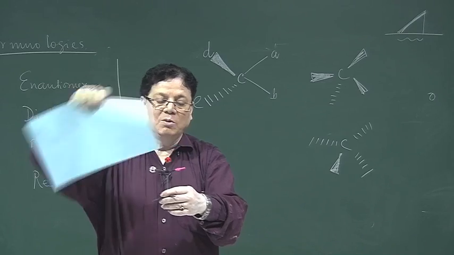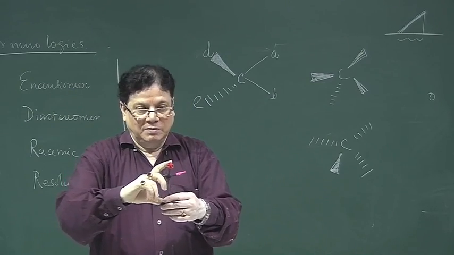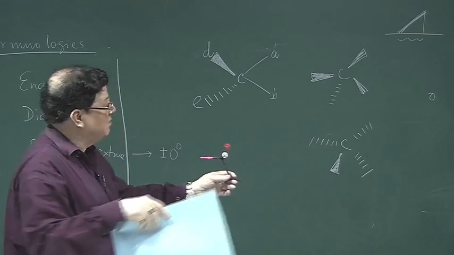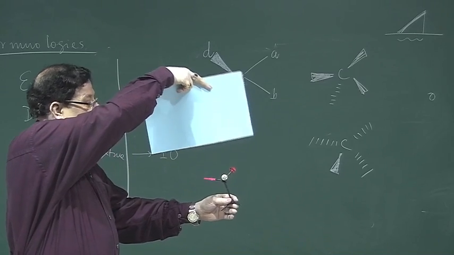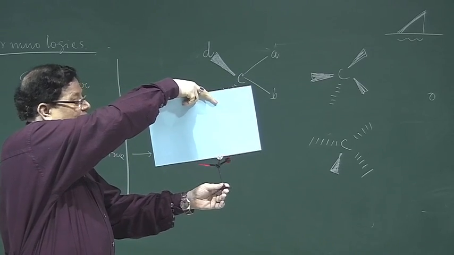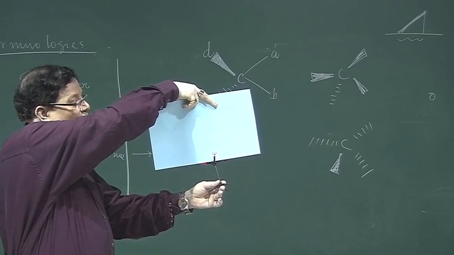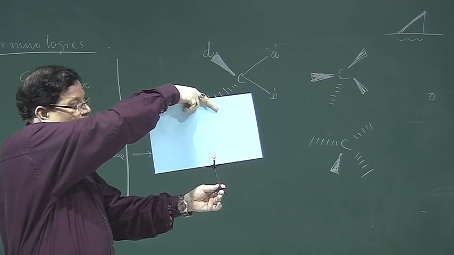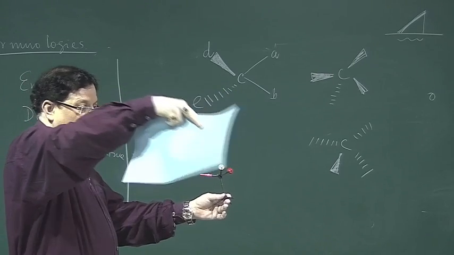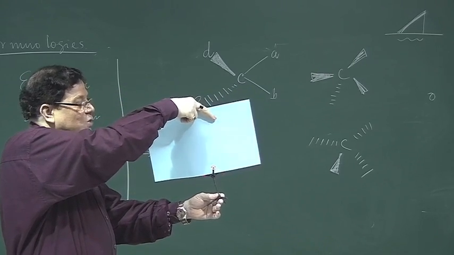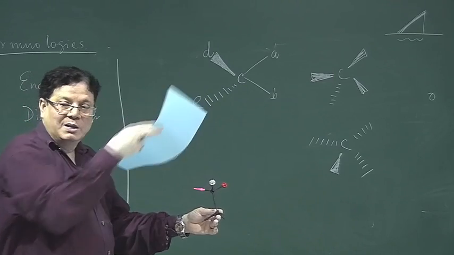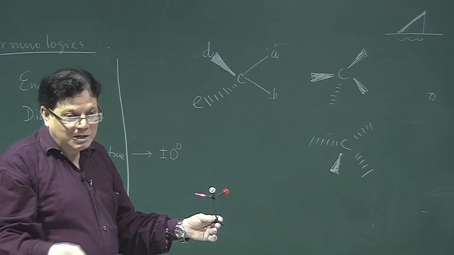So, what happens now? If I am looking from this side and this is my reference plane, 2 bonds will be towards the observer, and 2 bonds will be behind. That is the first thing.